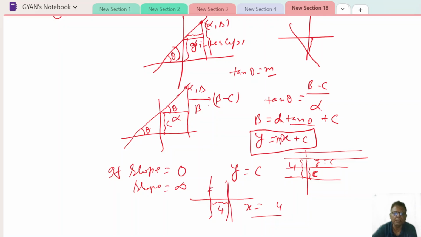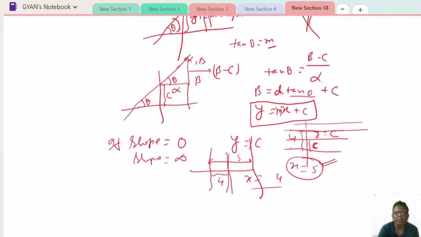If this is 5, then x is equal to 5, this line. That means whatever the value of y is there, the x value remains 5. Here, whatever the x value is there, the y value will remain c, remain 5, remain constant. So this is the first form of the straight line.